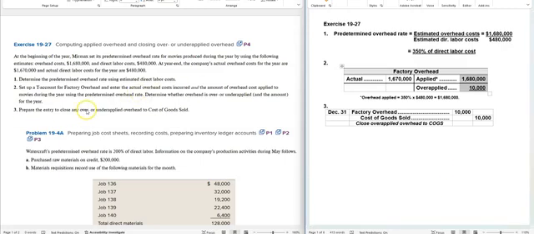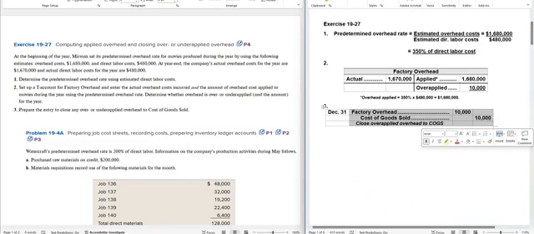So to prepare the entry to close out that over applied overhead to cost of goods sold, we need to get rid of this credit balance. So to get rid of that credit over applied amount, we need to debit factory overhead. And then we are going to credit or decrease our cost of goods sold. So we have now closed out the over applied overhead and decreased our cost of goods sold for the over applied amount.